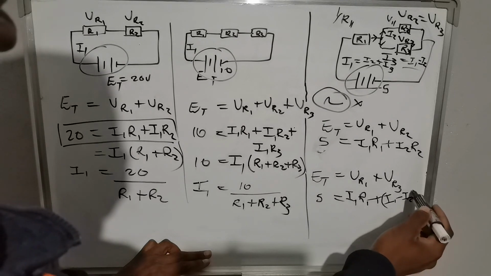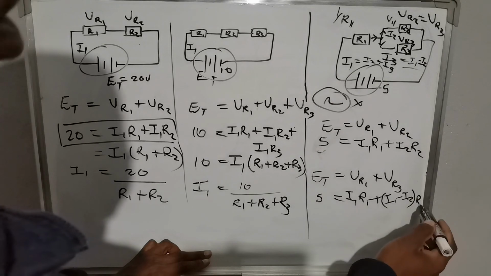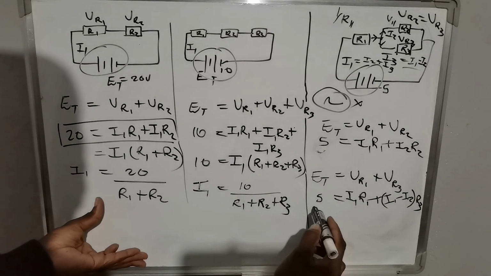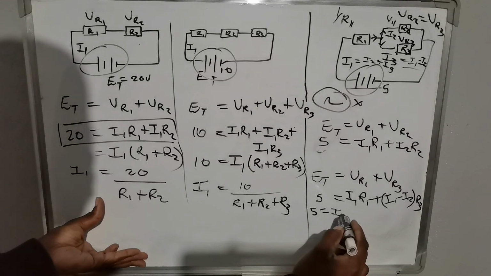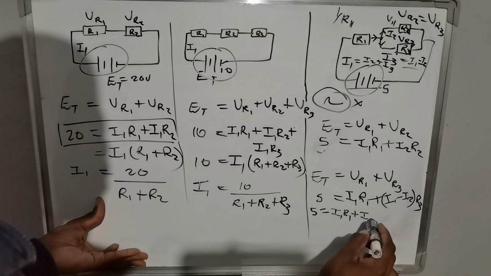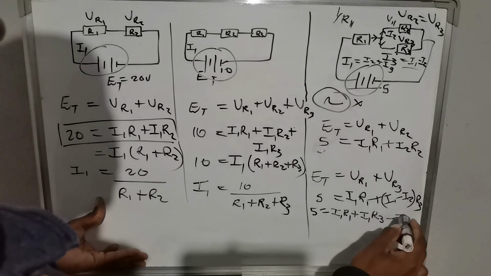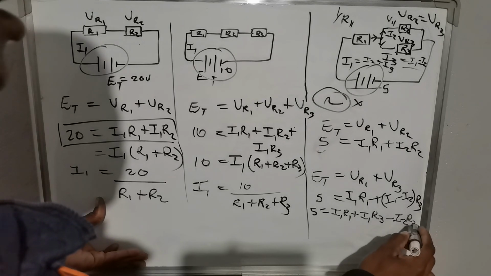So we will multiply this by R3. So this gives us 5 equal to I1 R1 plus I1 R3 minus I2 R3.